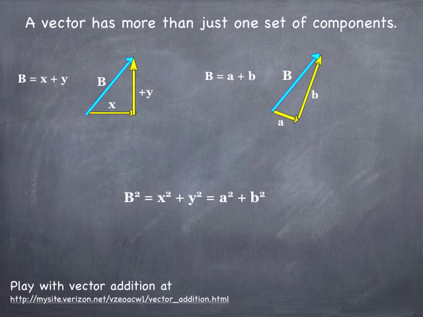But the rules of mathematics, Pythagoras' theorem, still apply. The components x squared plus y squared still equals the vector's magnitude squared, B squared. A squared plus B squared also still equals the same as the magnitude of the vector B squared.